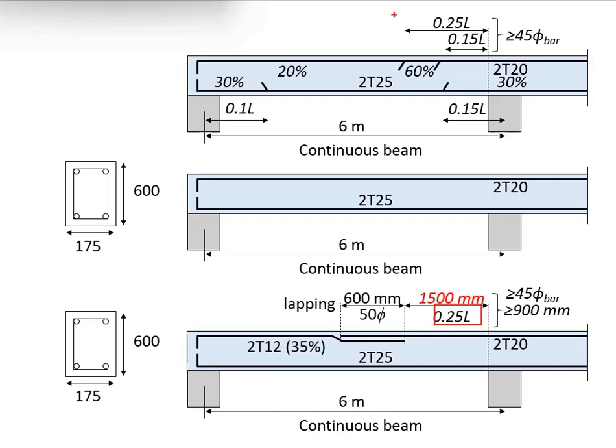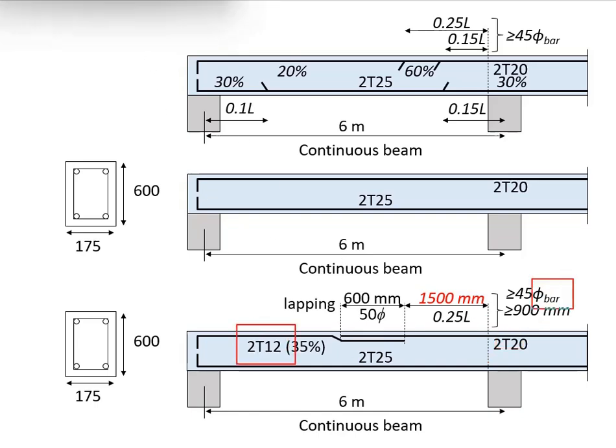First is 0.25L. The L represents the effective span between the supports, which is 6 meters in this case. 0.25 times 6 meters gives you 1.5 meters. And then it is stated that it needs to be at least greater than 45 times the bar diameter. Now this bar diameter, is it referring to T12 or T20?